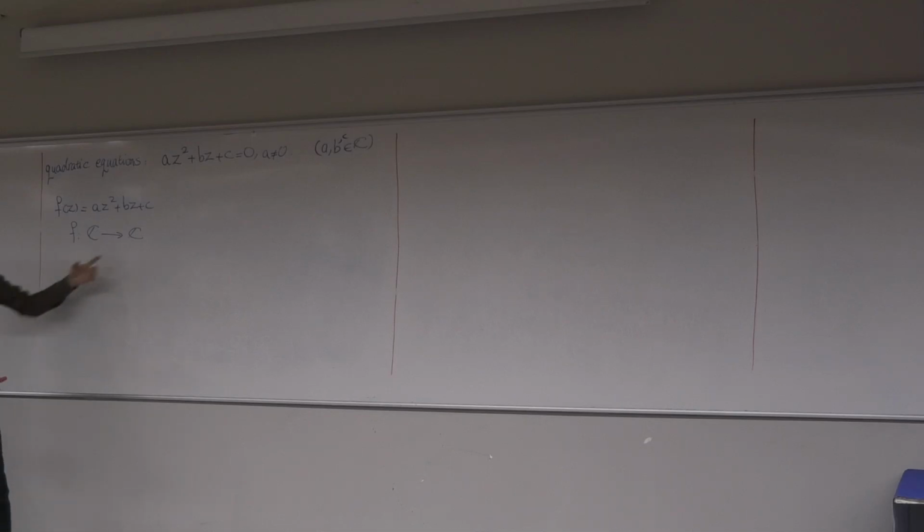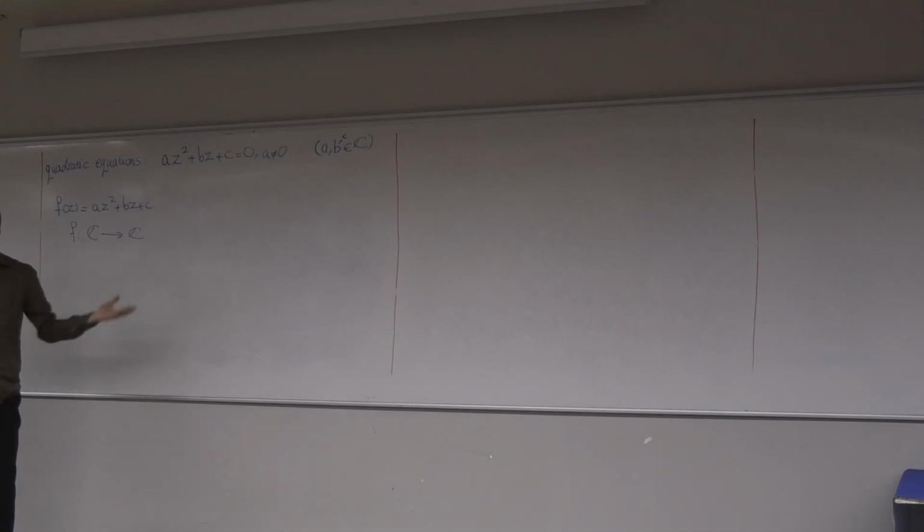The domain is a plane, the codomain is a plane, okay? So if you want to show the graph of this, we need 2 dimensions times 2 dimensions, which is going to be a 4-dimensional space, and we are not able to do this. So it is some kind of parabola. It is, but it is not. Anyhow, how can we solve this equation?